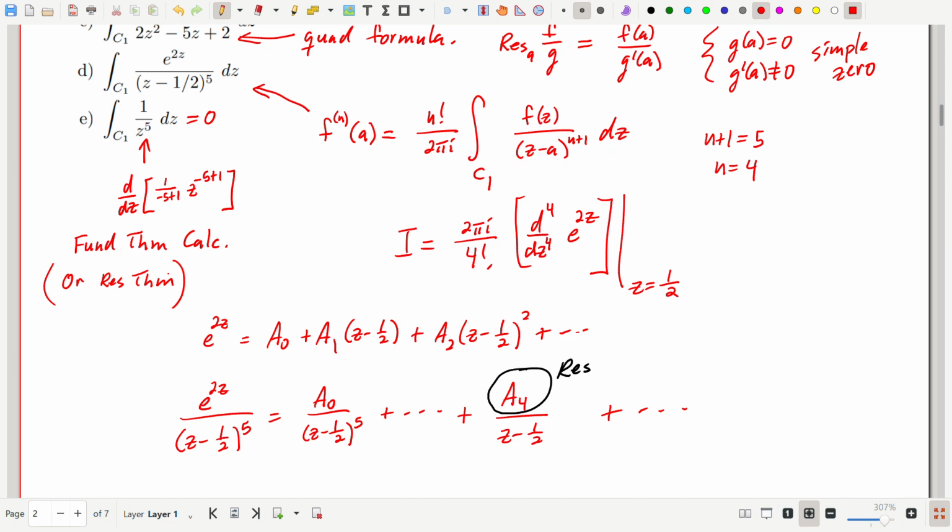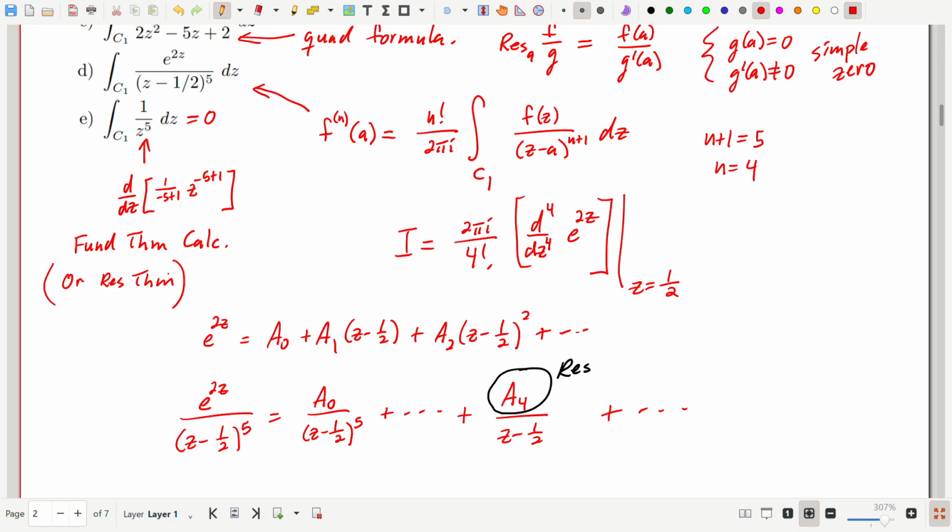Okay, and if we try to compute the last problem with the residue theorem, why would we get zero? Well, the residue term is the coefficient of z to the minus 1 in the Laurent expansion.